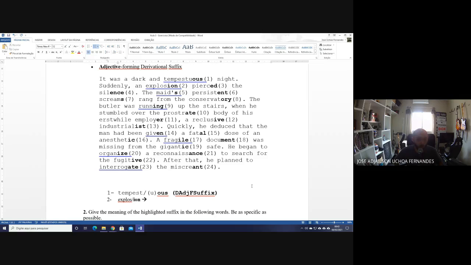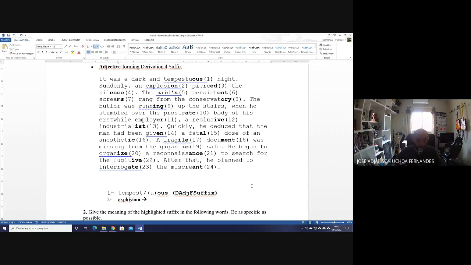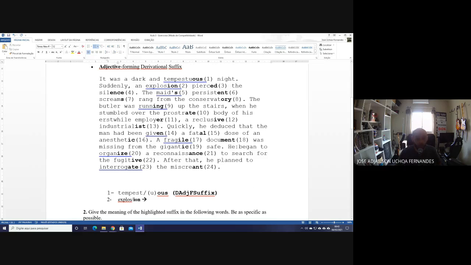So explode is what in terms of word class? A verb. And how about explosion? A noun. So what do I call the suffix? Inflectional or derivational?